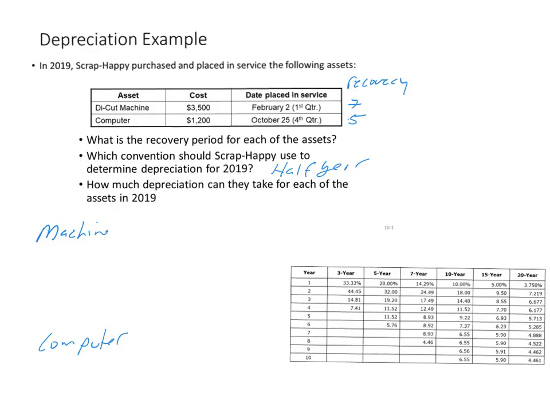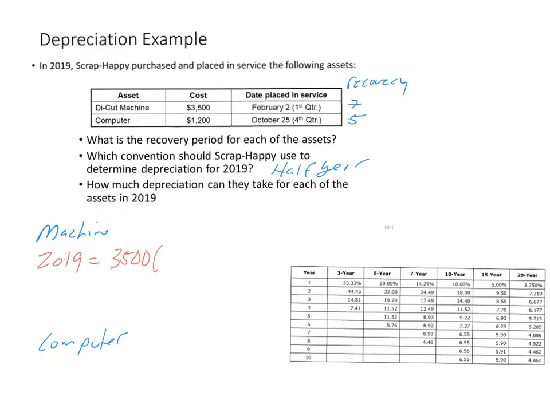Okay, so the way we figure out depreciation is our starting point is the cost, and then we're going to multiply that by the percent that we see in the year. So let's do 2019 depreciation is the cost.